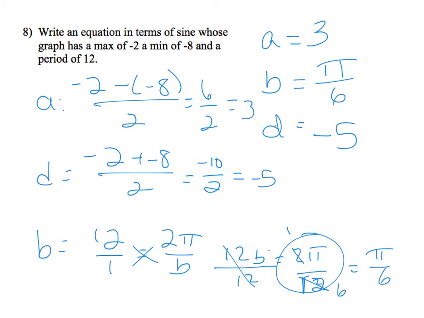So then when we write the equation, just checking that I'm right, I'm going to write different color. Y equals 3, they said sine, 3 sine pi over 6 x minus 5. Good.